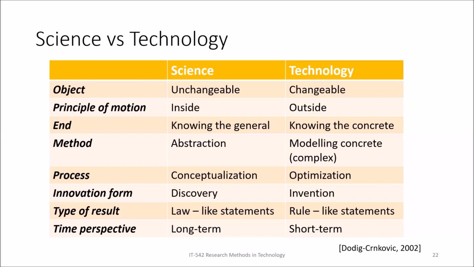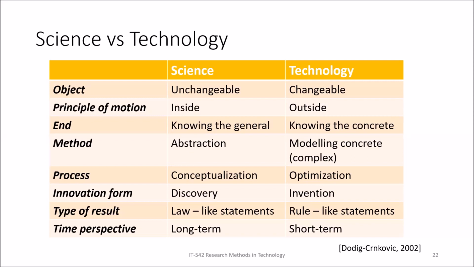Then modeling is concrete and complex in technology. Obviously, we are using some complex algorithms, complex coding, in order to implement these things, right? Then the process is conceptualization in science, and here it is optimization. Obviously, technology can be used to optimize things, right? And here in science we are simply using the concept.